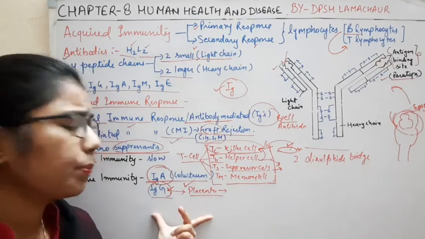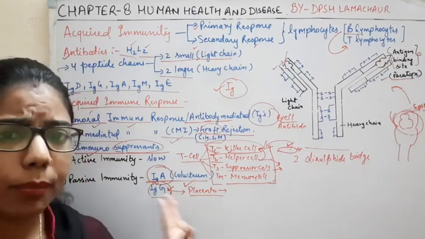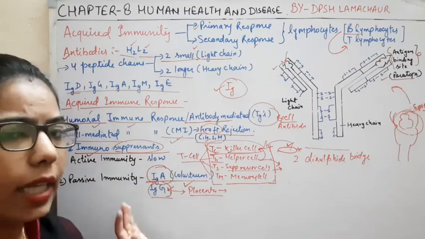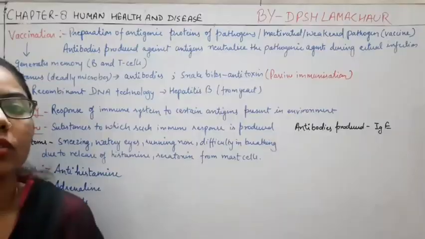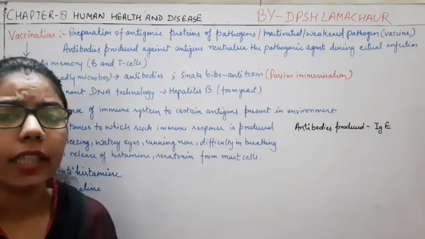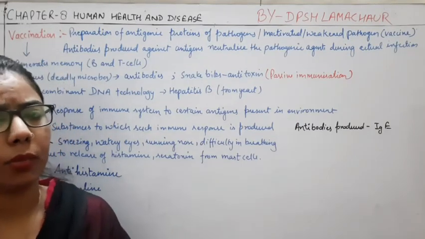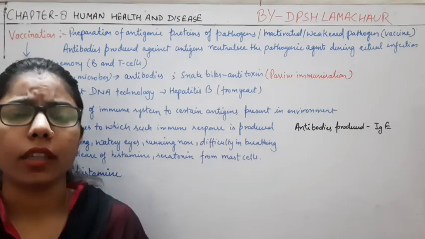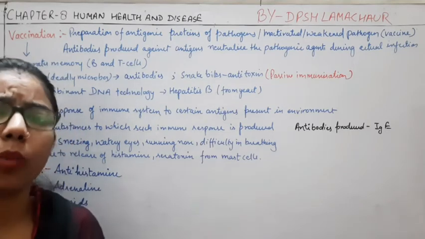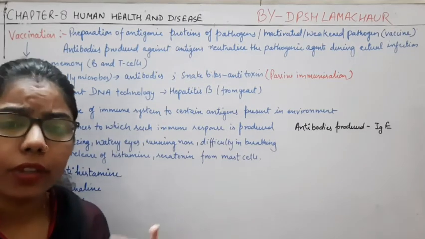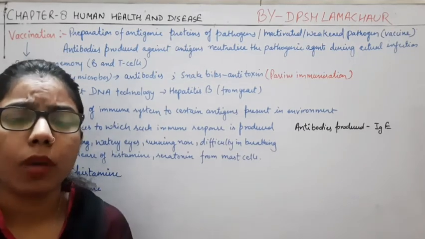So like this, we are providing immunity from the natural one as well as the artificial one. Now, as we have said, there are two types of immunity, active immunity and passive immunity. The active immunity is done by the body itself, but the passive immunity is the one in which we are giving the antibodies from outside.